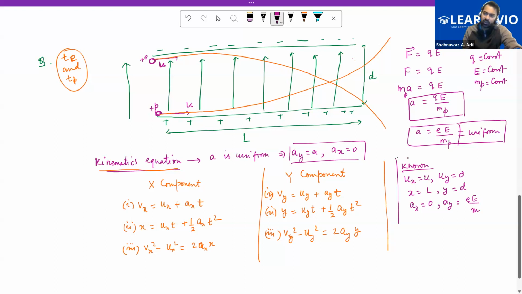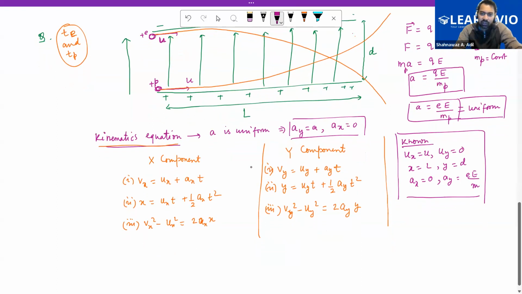These are the known quantities that we have. Clear? Yes, sir.